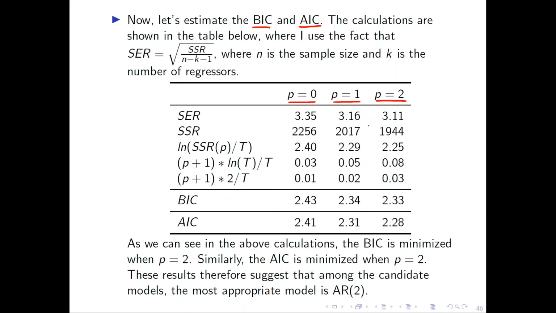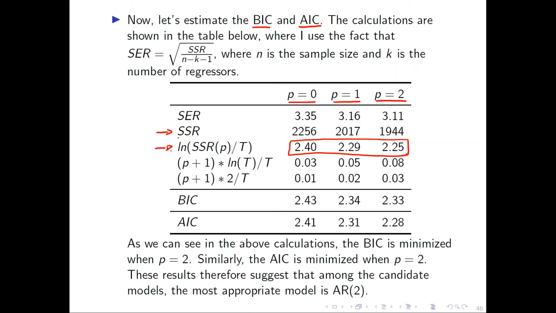And the important thing to calculate here is the sum of squared residuals, which goes into this ratio, which you take the natural logarithm of. So these are quite important. These are the first part of the Bayesian information criteria and the Akaike information criteria.